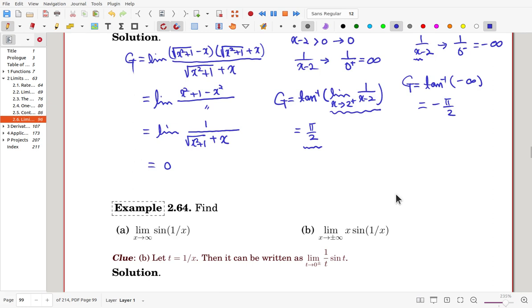The graph of tangent is given this way in xy coordinates: when x is pi over 2 it goes to infinity, and when x is minus pi over 2 it goes to minus infinity. So the inverse at minus infinity must be minus pi over 2.